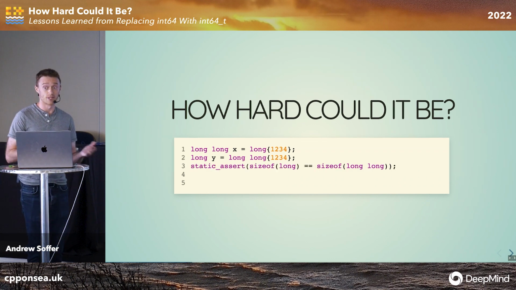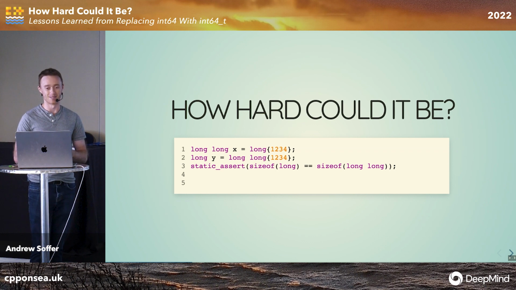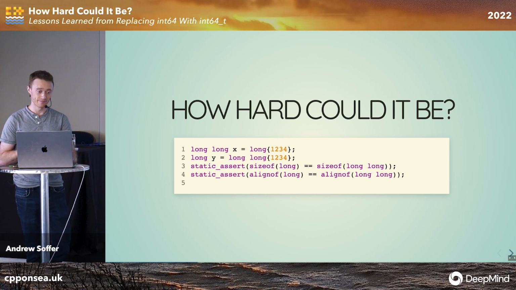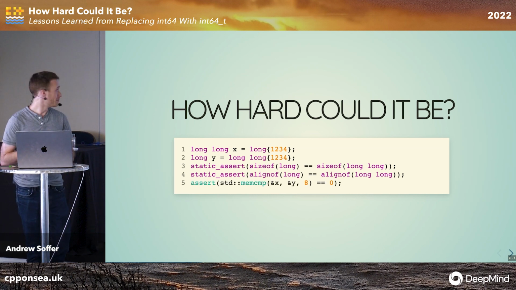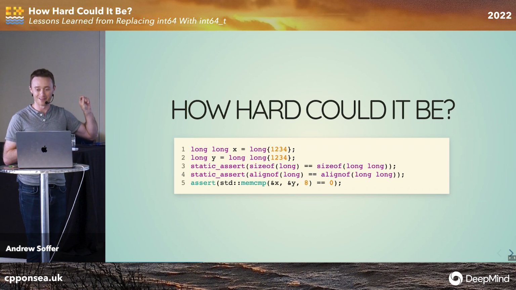We already know they're the same type, right? They're not the same type. We already know they're the same size, right? They're both 8 bytes. They have the same alignment, even. And beyond that, they're actually bit for bit identical. These things are as identical as they possibly could be, so much so that processors don't distinguish between them.